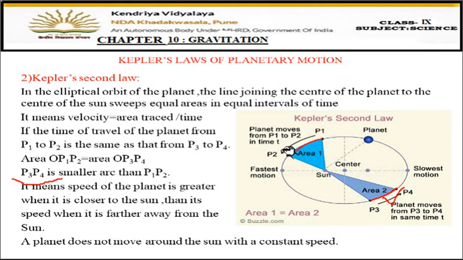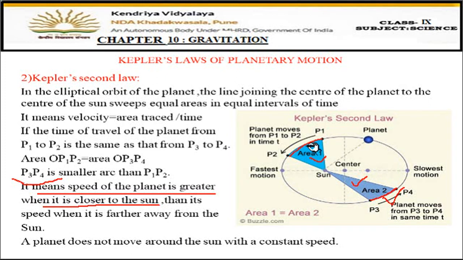So what does this show? It shows that the speed of the planet is greater when it is closer to the sun. We are saying that these areas are the same. If the areas are the same, but this arc looks smaller than this arc, then the speed of the planet is greater when it is closer to the sun.